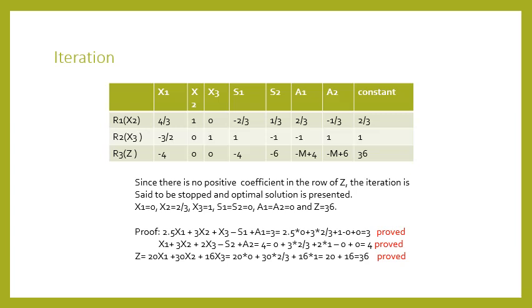Let's try to check the proof of our findings. Return back to our constraints, where the first constraint is 2.5x1 plus 3x2 plus x3 minus s1 plus A1.